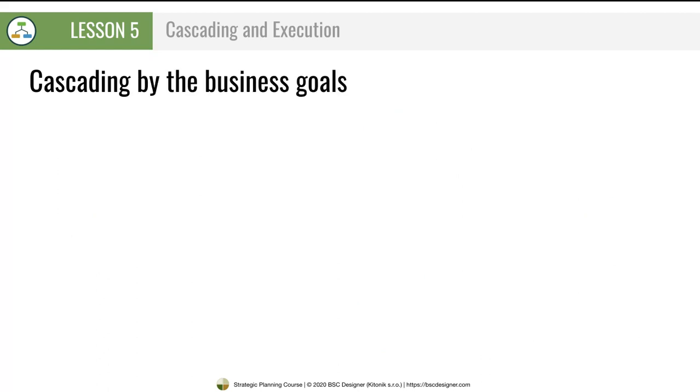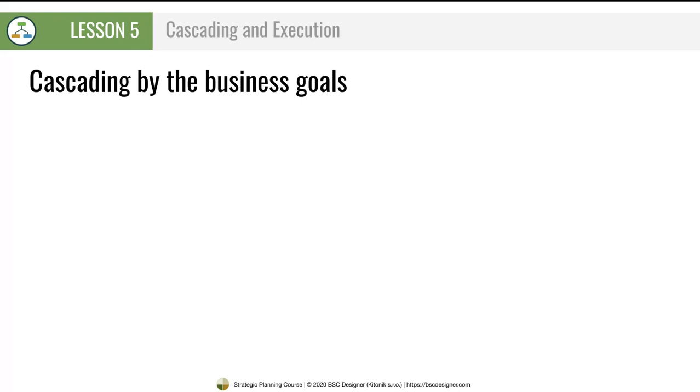Another important question about cascading or alignment is how the different levels are connected. As we demonstrated in the strategy cascading article, the best practice is cascading by the business goals, not by the KPIs. But what does it mean to cascade by business goals?